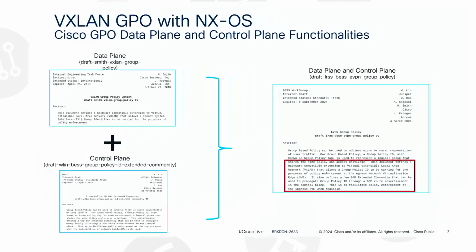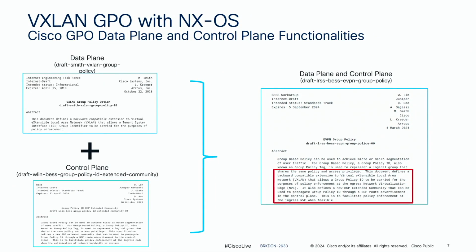One draft covers the data plane aspect, which is what we do with SGT and ACI as well: we carry a secure group identifier in the VXLAN header of the packet. So you classify an endpoint, and then that classification decision is carried along the network with the data packet.